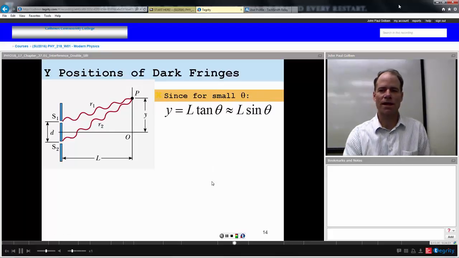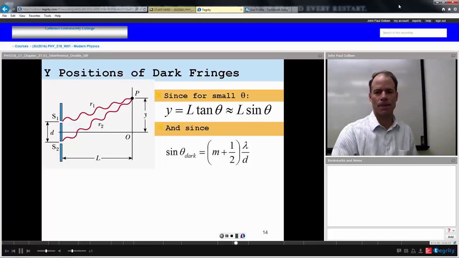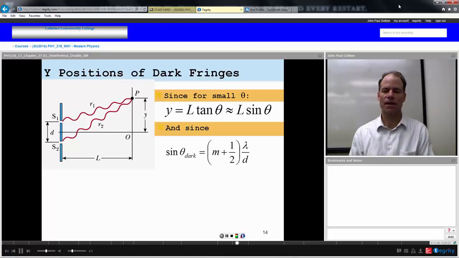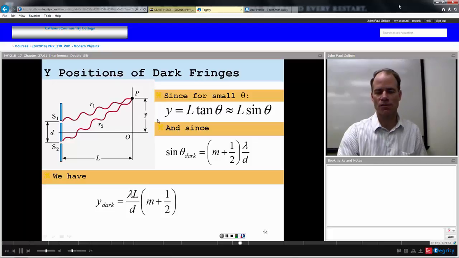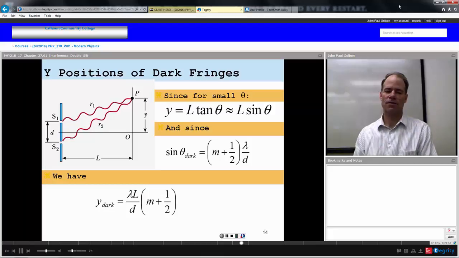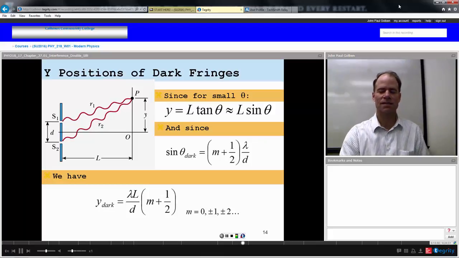For small angles, again, L tangent theta will equal L sine theta. And since we just determined that sine of theta is equal to m plus 1/2 lambda divided by d, substituting this in, we get that the location of our dark fringes on the screen, y, is equal to lambda L divided by d, m plus 1/2, where m is again 0, plus or minus 1, plus or minus 2.